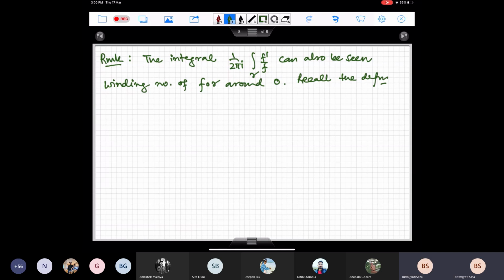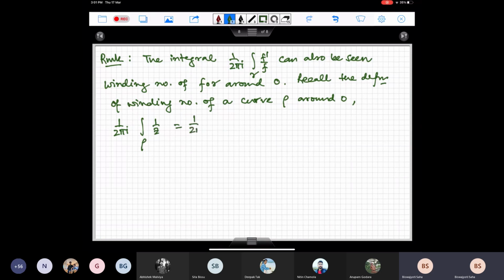The winding number of any curve, let's say rho, around 0 is 1 upon 2 pi i integral over rho of 1 upon z minus a. Here a is 0, so 1 upon z.